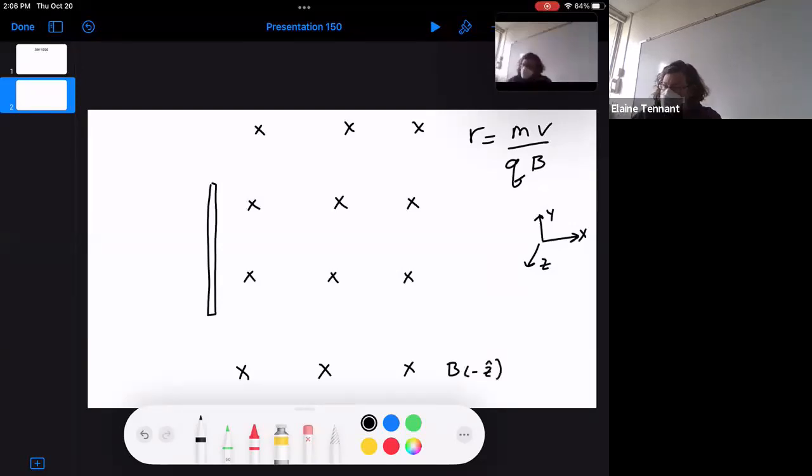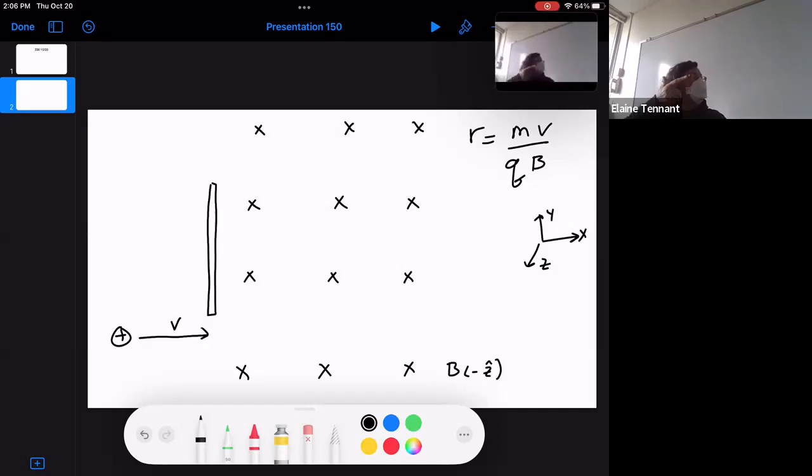Now, if I run a proton into this field, which way is it going to go? I have the velocity moving in the positive x direction and the B field in the negative z direction.